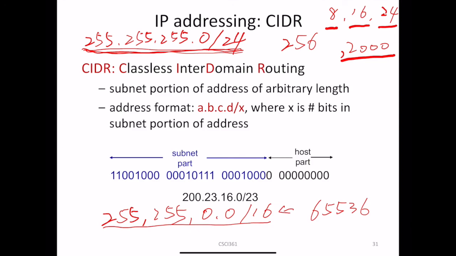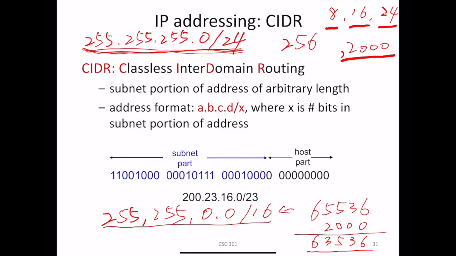If we only use 2,000 IP addresses, you can calculate how many will be wasted, because if the IP addresses are assigned to this area, they cannot be used by others. So that means more than 63,000 IP addresses will be wasted.